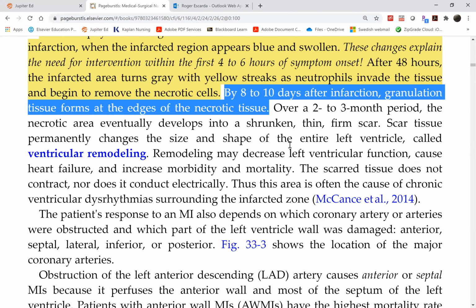And remember, that will weaken the heart, causing the heart to remodel. So the remaining healthy, functional parts of the heart will have to compensate for the loss of their comrades. There are now sections of the ventricles which are all scar tissue, which do not contract. They cannot function whatsoever.